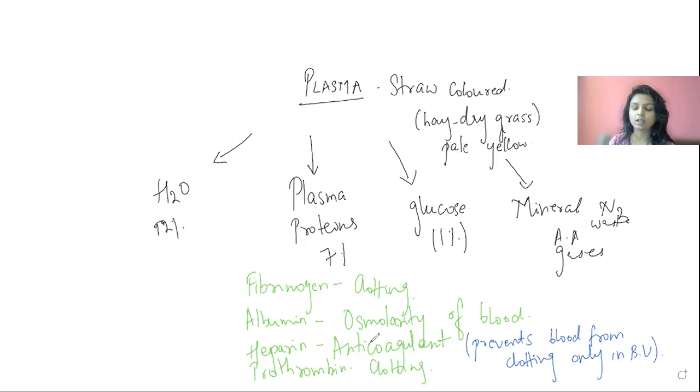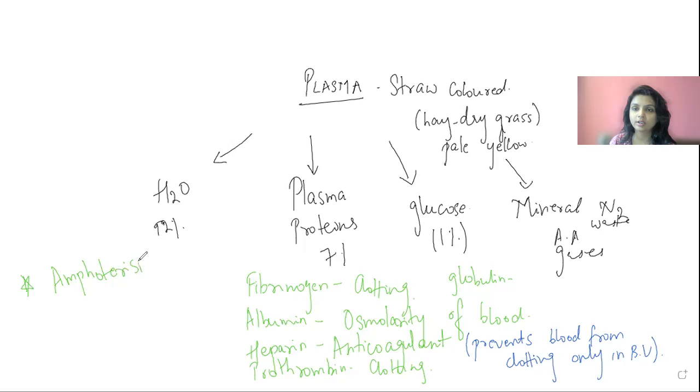Then we have another protein called globulin. Again, all the green ones which are written are, remember, the plasma proteins. Globulin is a diverse group of proteins, and there are many types of globulin proteins. Here is a very important point: the plasma proteins help in amphoterism.